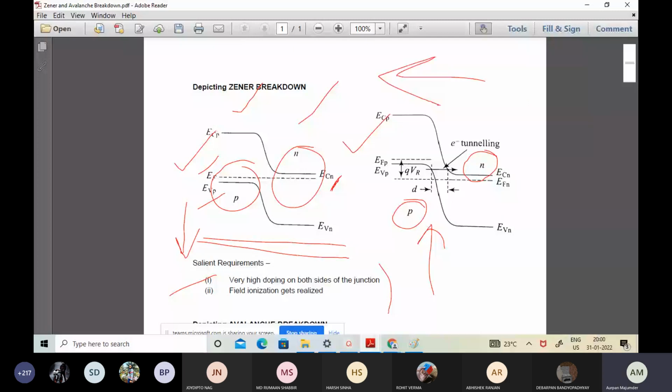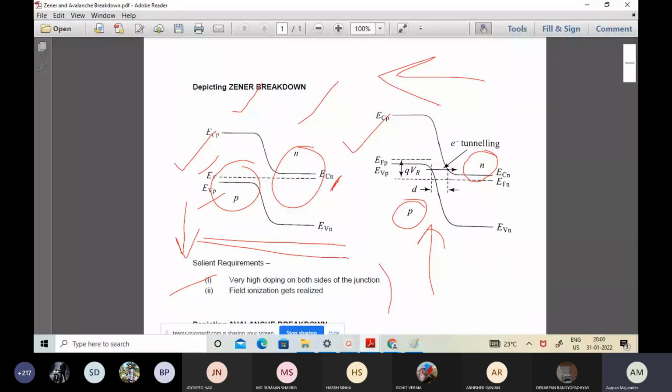So under the action of this corresponding electric field, what would really happen? The electrons from the P side will gain sufficient amount of energy through which it can simply punch through the corresponding thin barrier or depletion region and move towards the N side.